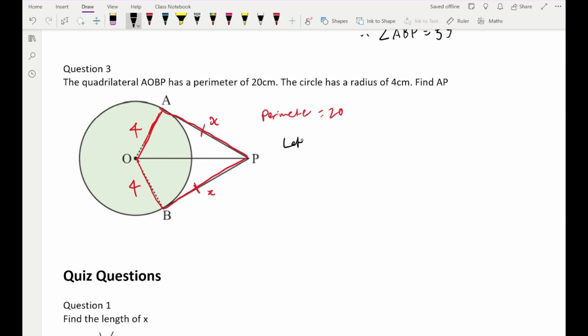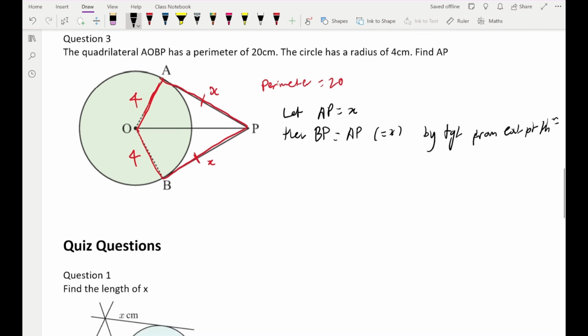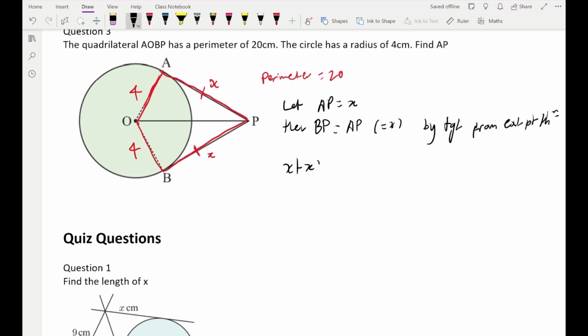So let AP equal x, then BP equals AP, which equals x, by tangent from external point theorem. Cool. So then we have x plus x plus 4 plus 4 should equal that perimeter being 20. So 2x plus 8 equals 20. So 2x equals 12, which means x has to be 6 centimeters. Cool. And that's our length we're looking for.